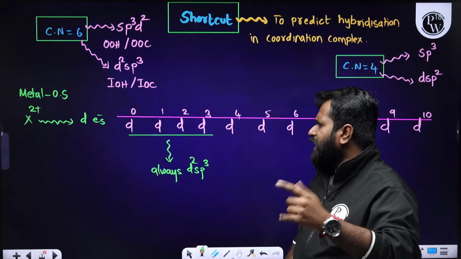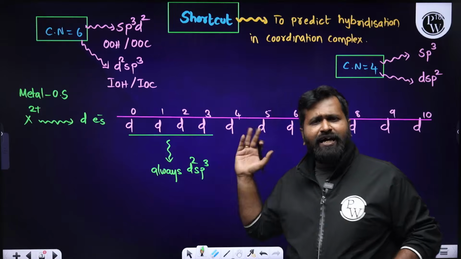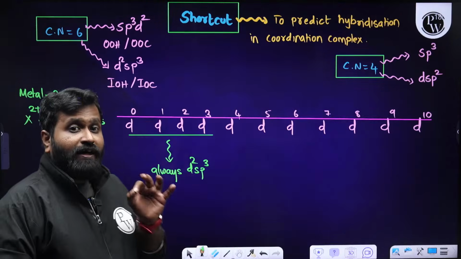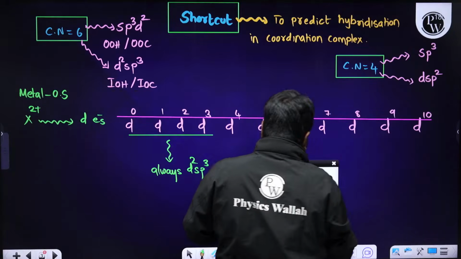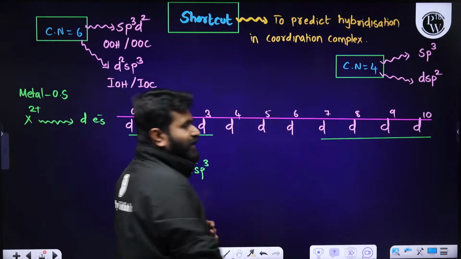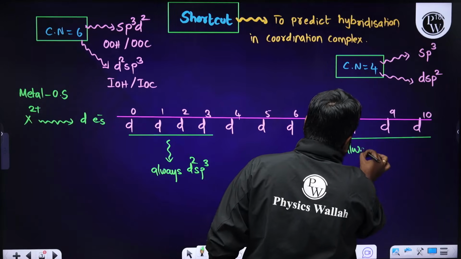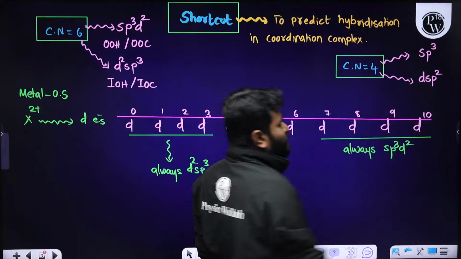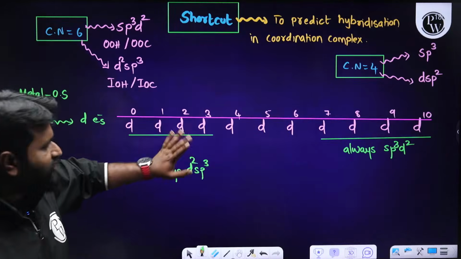If the number of electrons in the d subshell comes out to be 0 to 3, it is always d2sp3 hybridization. If the number of electrons comes out to be d7 to d10, then it is always sp3d2 hybridization.